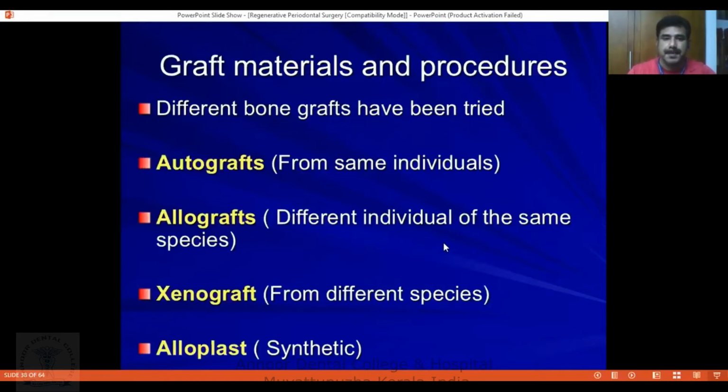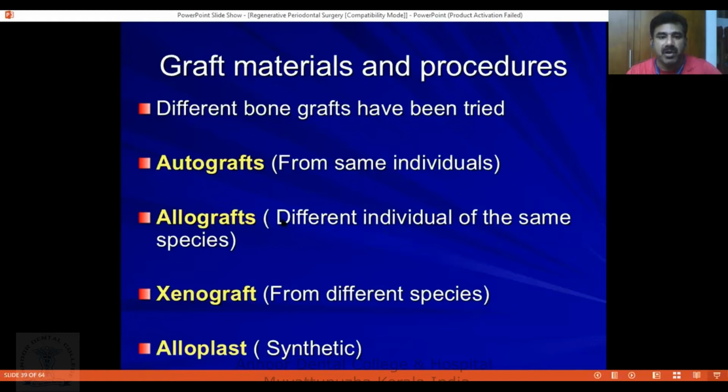Now, based on the origin of the bone graft, you can classify bone grafts. These bone grafts are classified into autografts, allografts, xenografts, and alloplasts. When you obtain the bone graft from the same patient, it is called an autograft.